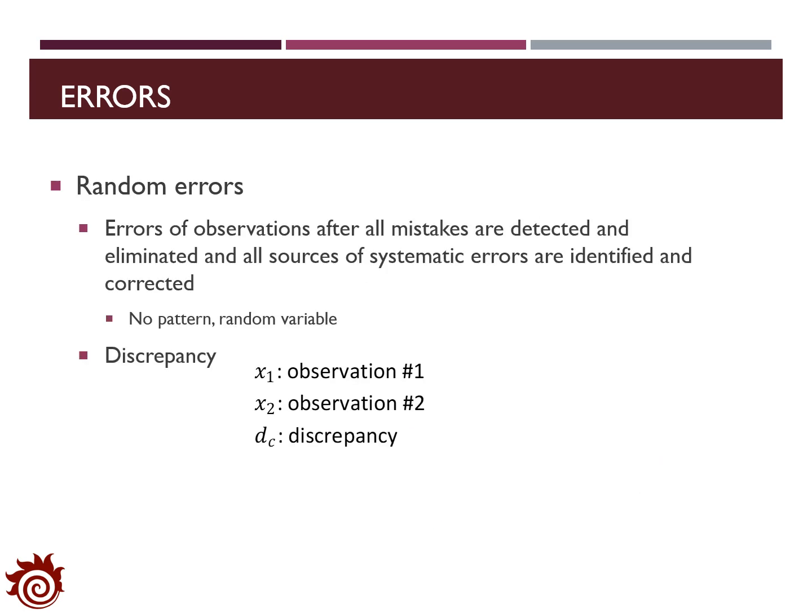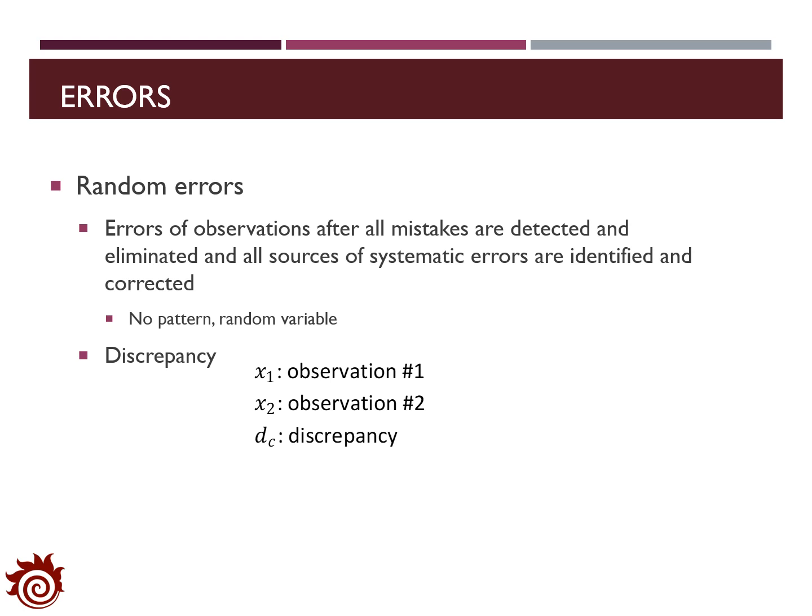The third type of error is a random error. It represents error of observations after all mistakes are detected and eliminated, and all sources of systematic errors are identified and corrected. So usually random error does not have any pattern and is a random variable.